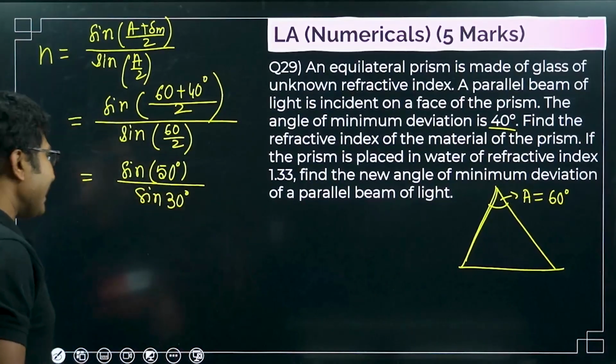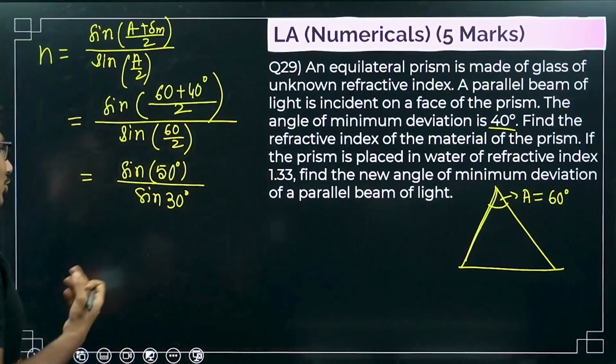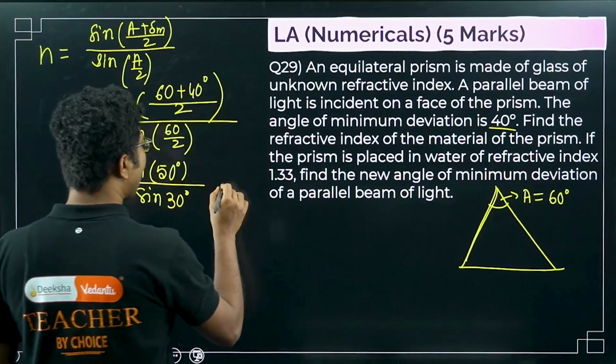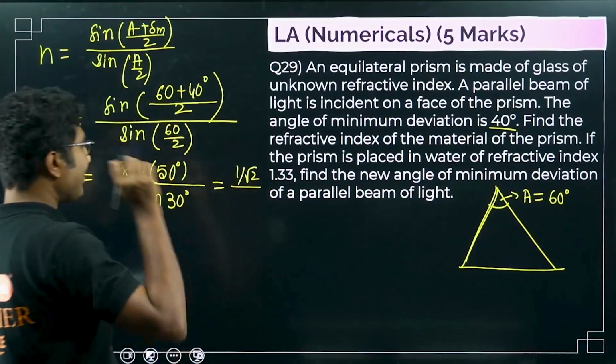Now sine 50 degrees has no direct value. You can assume it is close to 45 degrees for now, and use the value as 1 by root 2, which is not 100% correct.